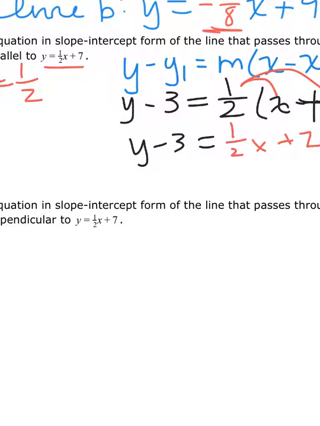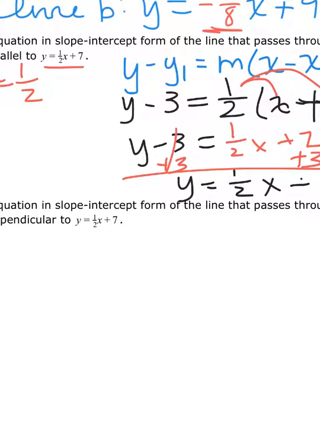So then I'm going to add 3 to both sides. So now I have y equals 1/2 x plus 5. That's it. Hey, 5 is in the answer. Is that okay? It's not so bad, no?